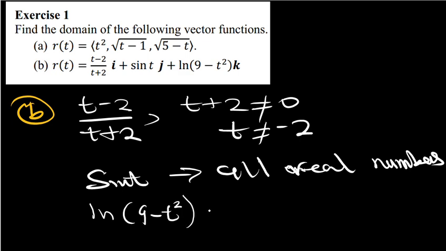So the domain of ln of 9 minus t squared will be 9 minus t squared greater than 0. Let's look at how to handle 9 minus t squared greater than 0. Remember, this is a quadratic inequality. The way we handle a quadratic inequality is not like how we handle quadratic equations.